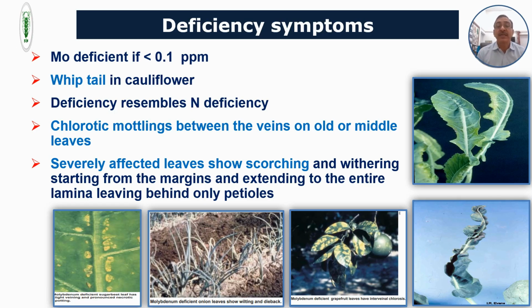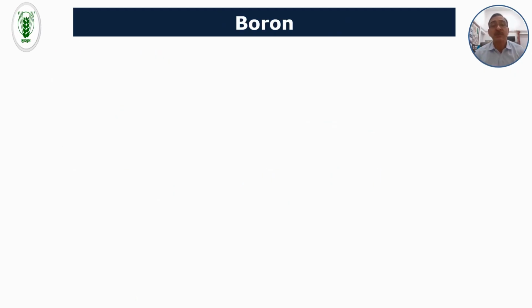Severely affected leaves show scorching and withering starting from the margins. But generally, in most soils, molybdenum deficiency does not appear because its availability increases with the rise in soil pH. So only in extremely or strongly acid soil may we face a certain deficiency of molybdenum.